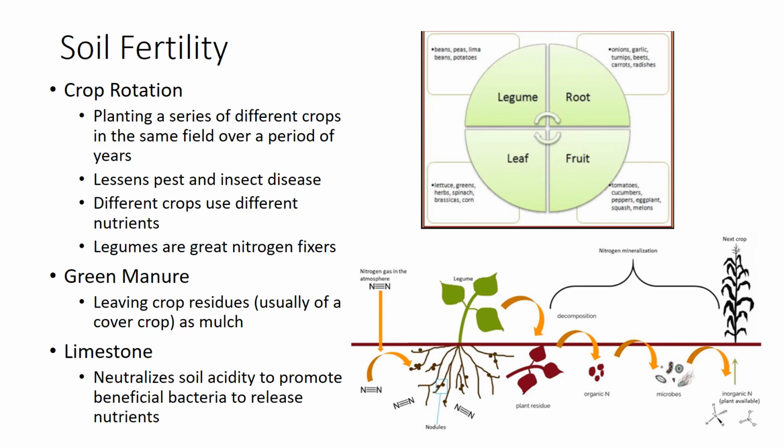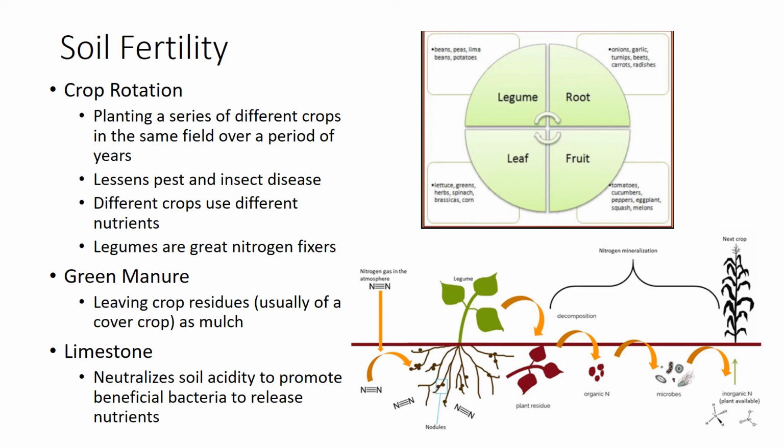And so you are planting crops in a certain area, and then the next year you would rotate it to the next plot, and hence crop rotation, right? So you're using the same field, but you're planting different crops in there every year.